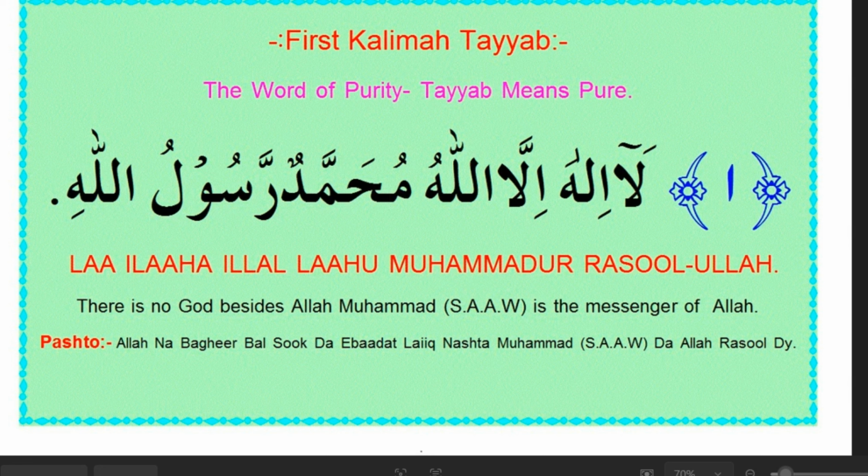You can take help from this English one. Okay, can you see? La ilaha illallah Muhammadur Rasulullah. That is enough for the second chapter also, the first kalima only, okay? You will try to practice the first lesson and the second lesson at least 2 or 3 times.